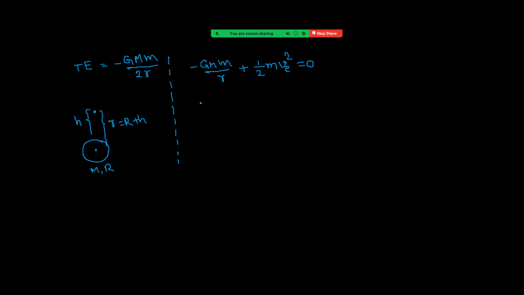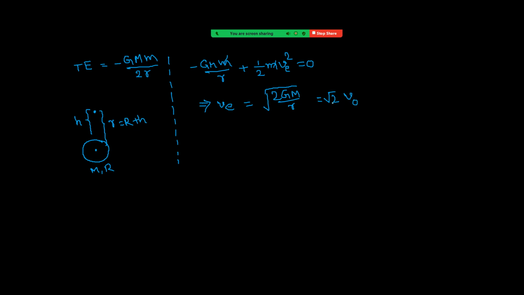Then see from this what we get. So v is equal to, mass gets cancelled, root of 2GM by r. Okay. And just now we got the expression for orbital velocity, right? So in terms of that, it is now root 2 times orbital velocity.